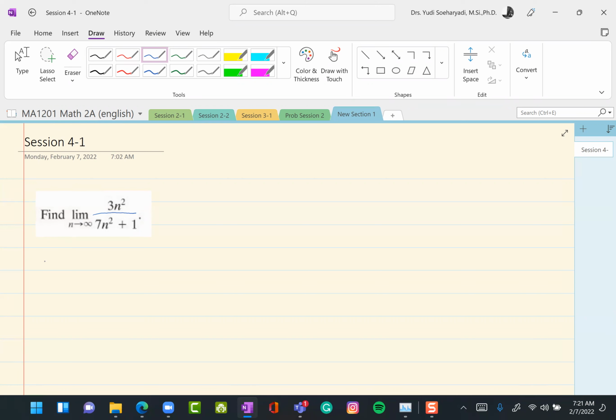The bad terms, as we call them, are the n squared, because that's the largest one. So you try to factor this out: n squared, and what's left is just 3. And you also factor the n squared out from the denominator, so what's left is just 7 plus 1 over n squared.